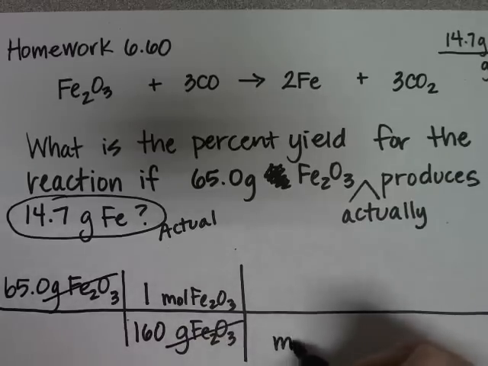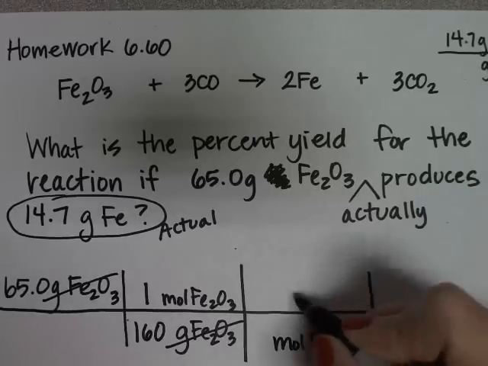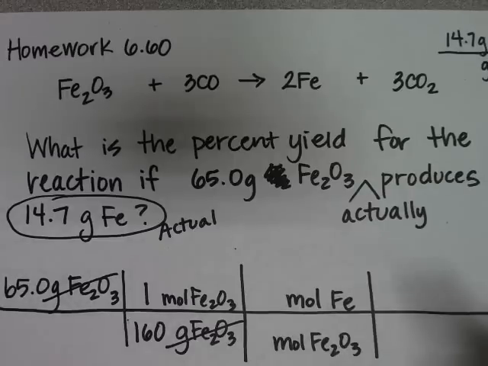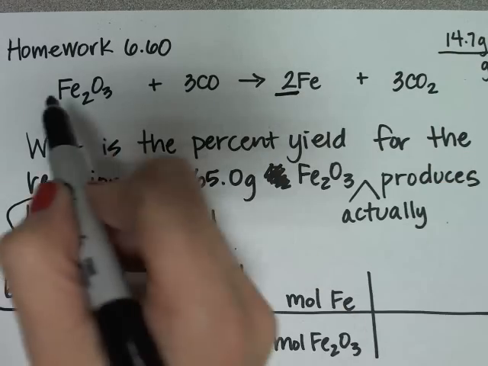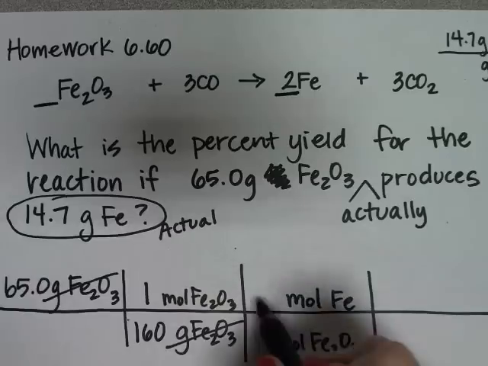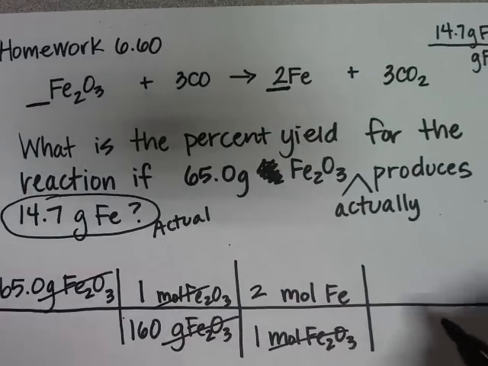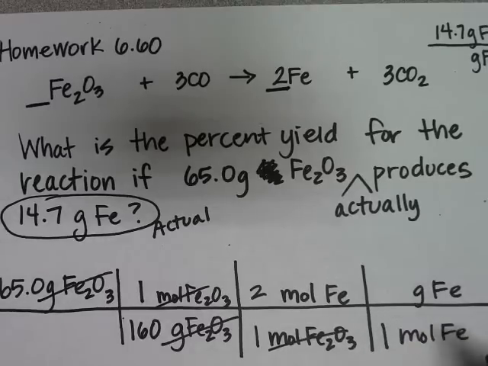Then I can convert moles of iron oxide to, what am I trying to find? I'm trying to find moles of iron. So I go up to the balanced equation and see that the ratio is 2 to 1. And then in my last step, I just need to convert moles of iron to grams of iron. 1 mole of iron is 56 grams, I think.